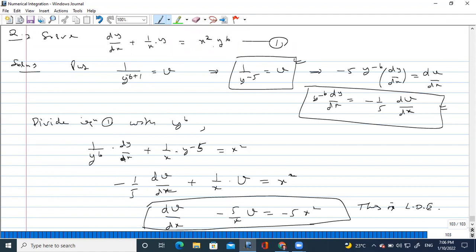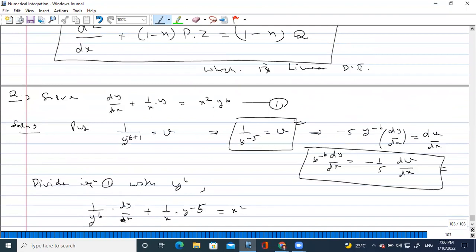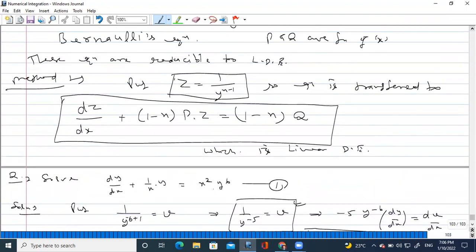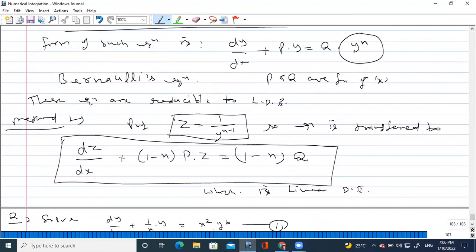n minus 1. So in the formula yesterday it was n minus 1.